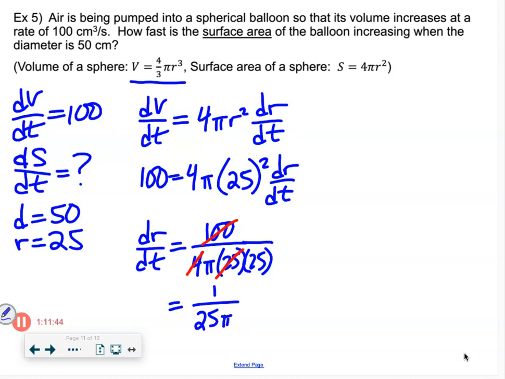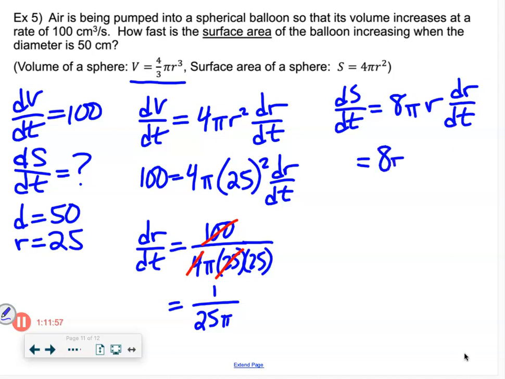Now we go to our S equation, and we do the same kind of thing. So dS/dt would be 8 pi r dr/dt, and now if we plug in 25 for our r, well, our dr/dt, what is that? It's what we found. It's 1 over 25 pi.